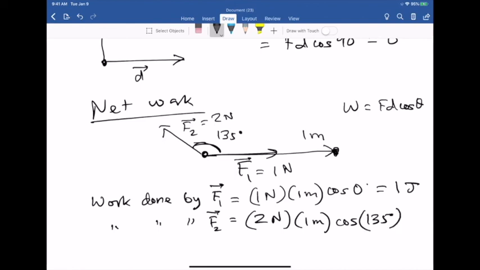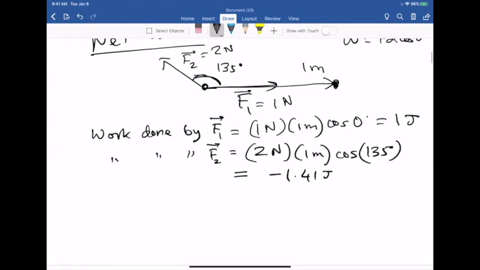So what is that? So that's minus root 2, minus 1.41 joules. So if these are the only two forces acting on the object, the net work would just be minus 0.41 joules.